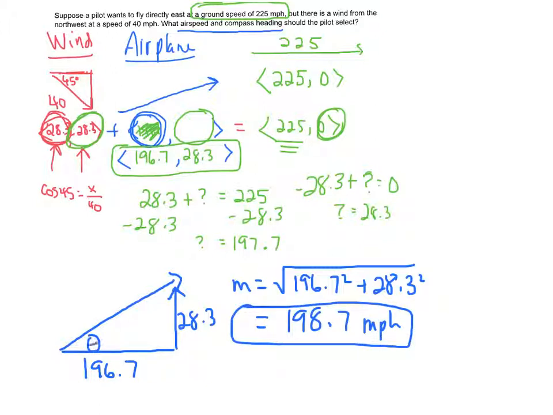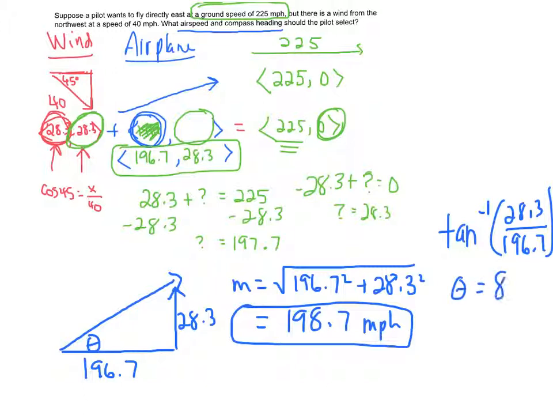Now I need to figure out my angle, theta. So to do that, I'm going to do tangent inverse of 28.3 over 196.7. And I'll type that in my calculator. And when I do that, I get a theta value of 8.2 degrees.